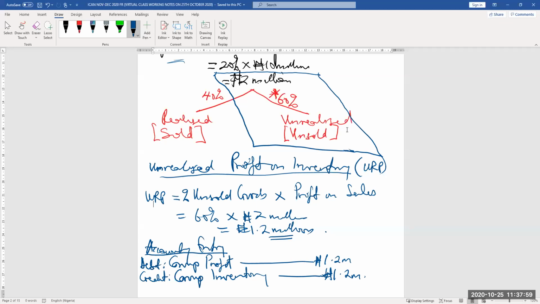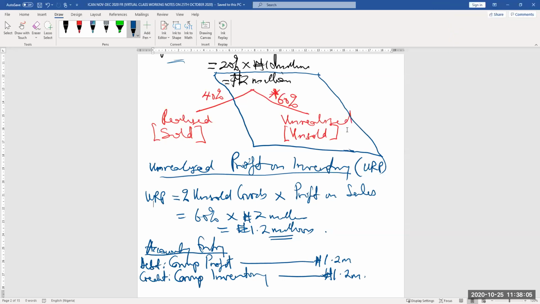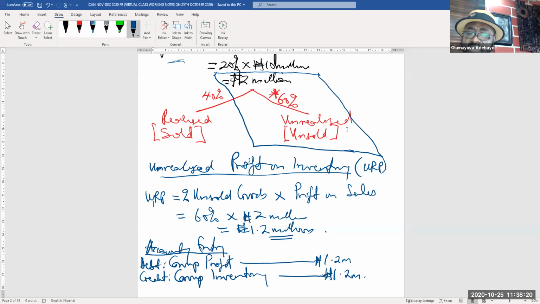Okay. Did you get it now? Okay. Are you actually saying we remove the 1.2 and also the 6 million worth of goods that is yet to be delivered? No, you are not removing 6 million.